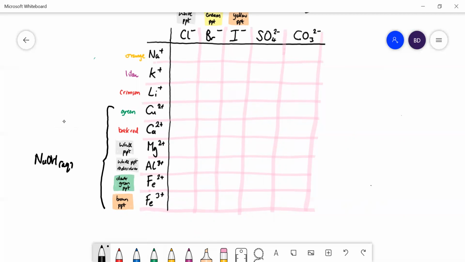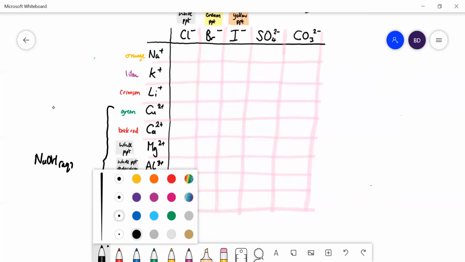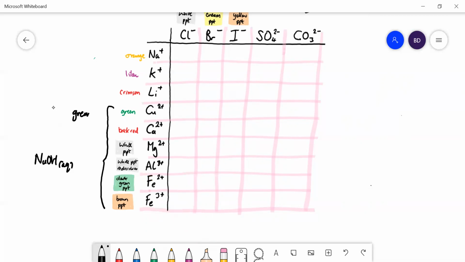It'll be a different color. Copper conveniently will give us a green precipitate, sort of a palish green. Calcium will give us a white precipitate.